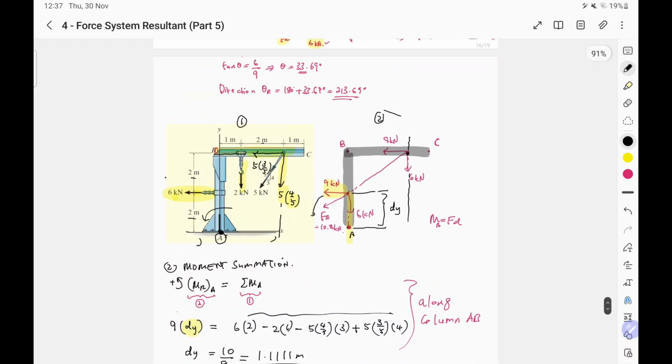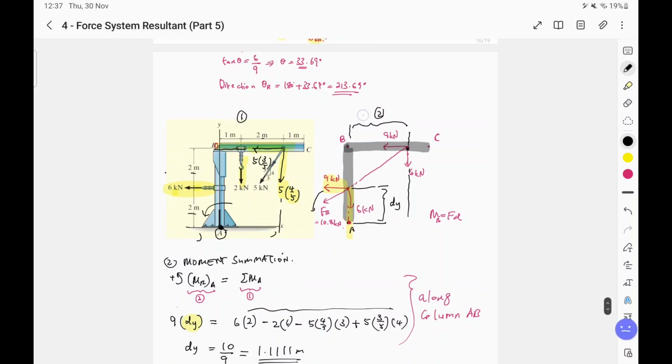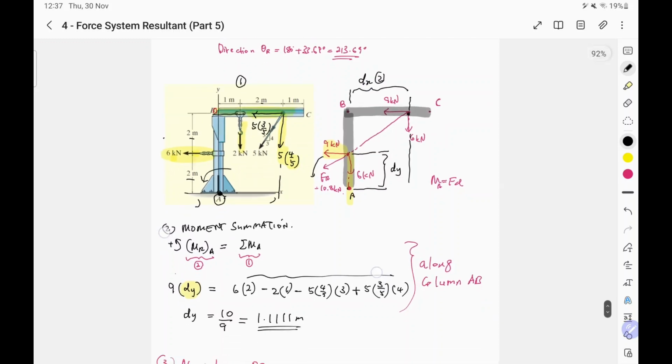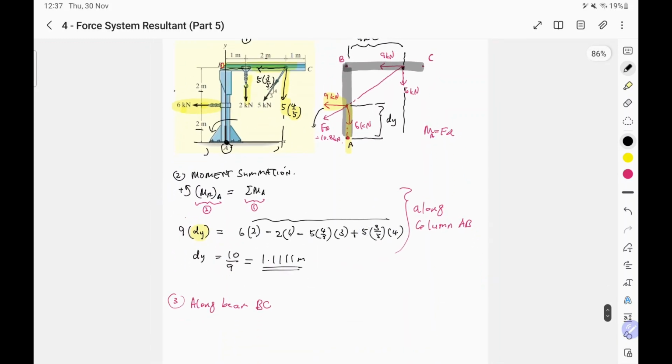We want to know what's the relative distance from here to here. Okay, so let's call this distance dx. So repeat the same calculation, where you compare the resultant force from the simplified free body diagram with the resultant force at the original free body diagram.